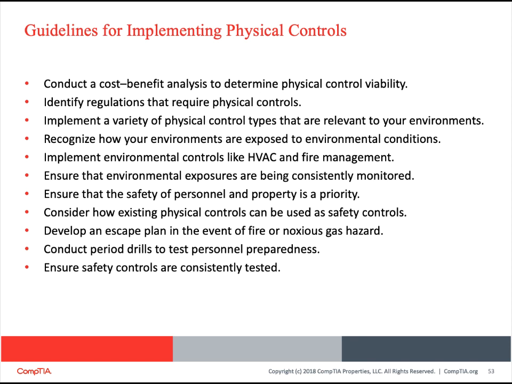There's no point in having a guard at a business that operates entirely online, right? So we need to make sure that it's relevant. We may not need flood guards or something like that in the desert.